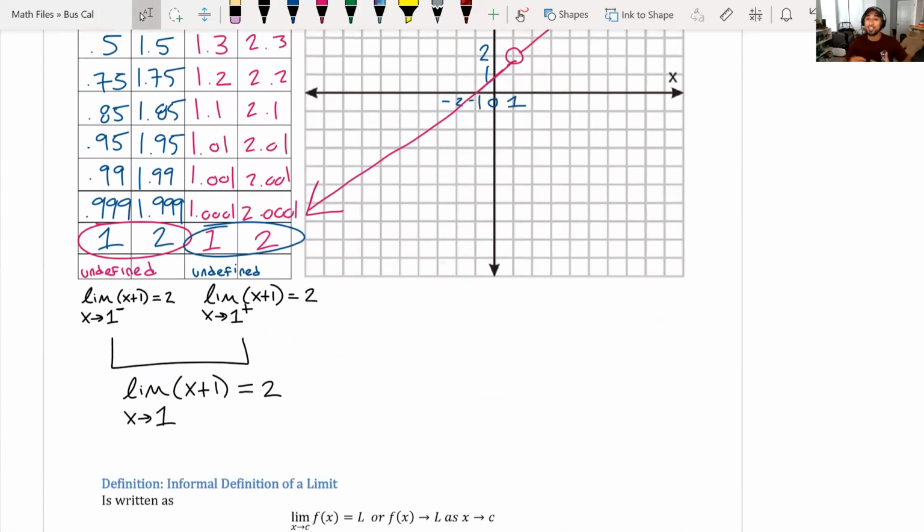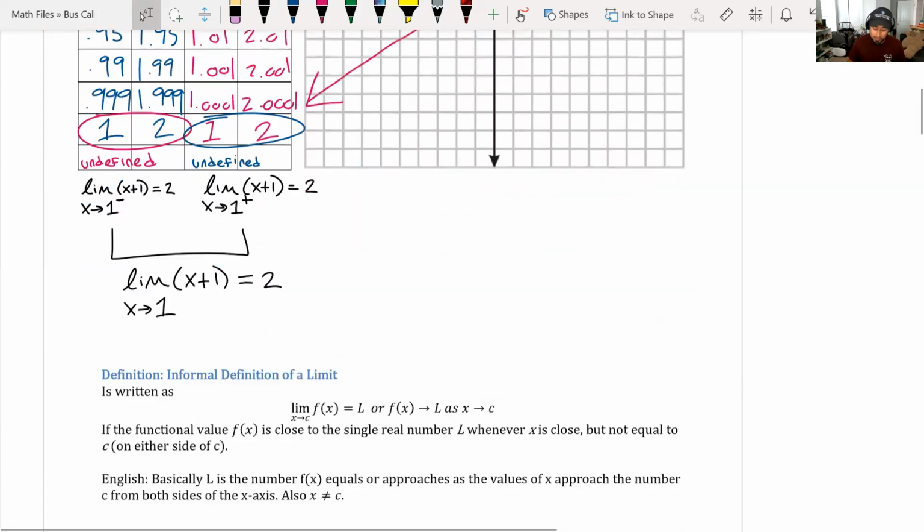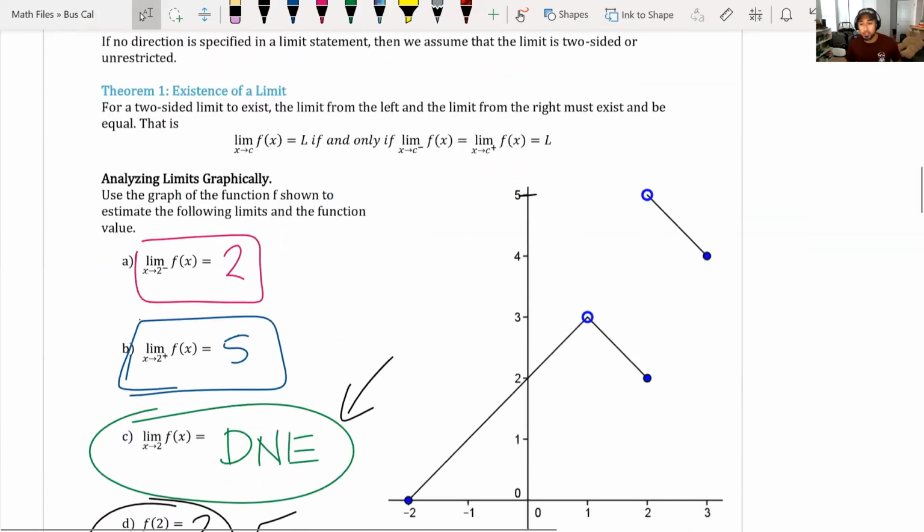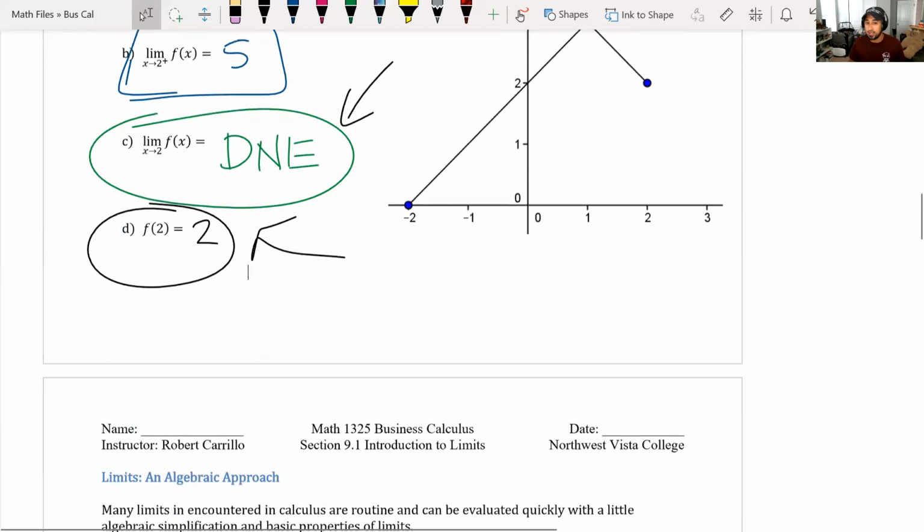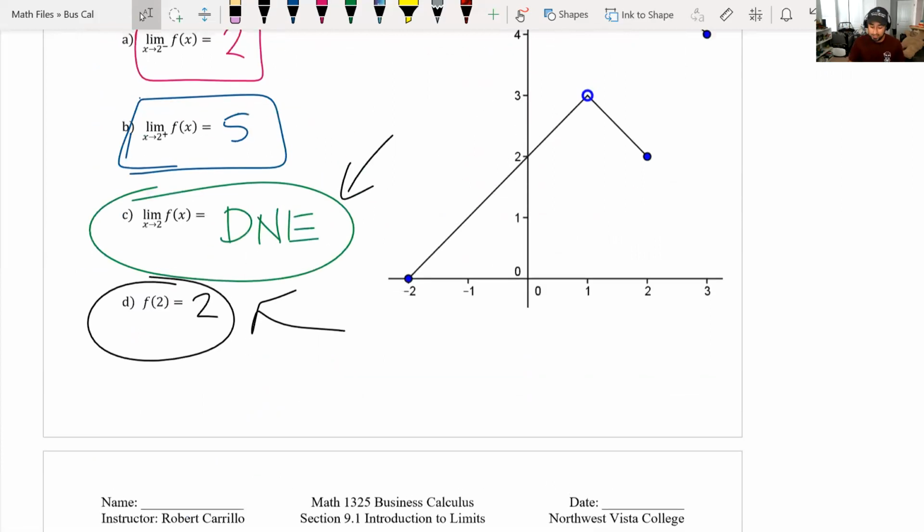These are just things to think about when I talk about continuity in the next lecture. So keep these ideas rolling in your head. These are good ideas to have. A limit can exist, but a point can be undefined, or a limit cannot exist and a point can be defined.